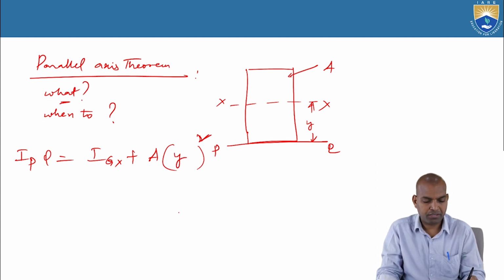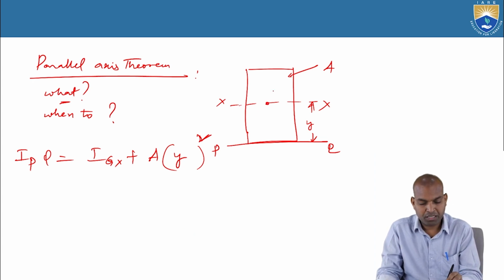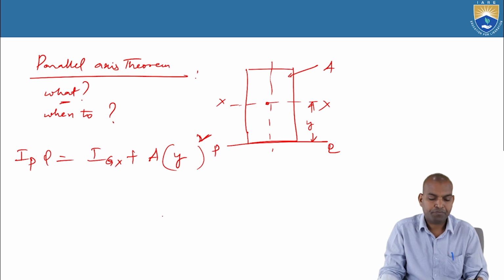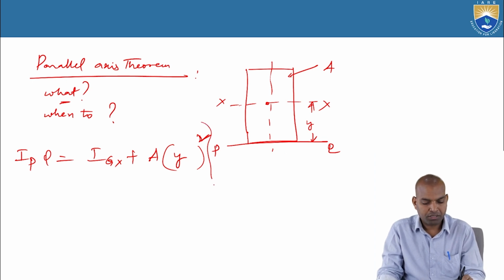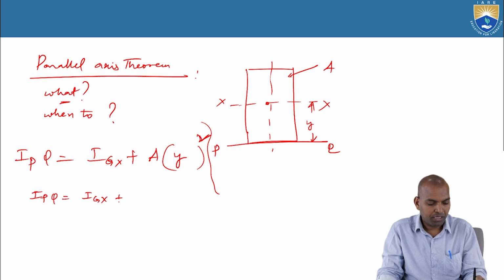This is the expression: IPQ equals IGX plus A y square.